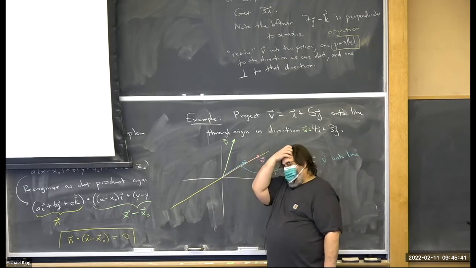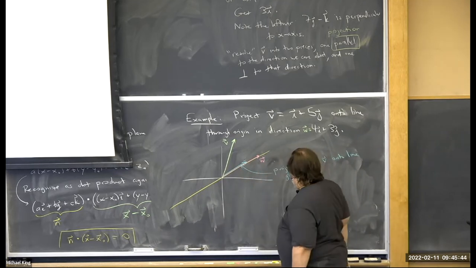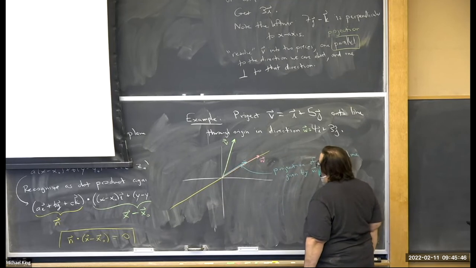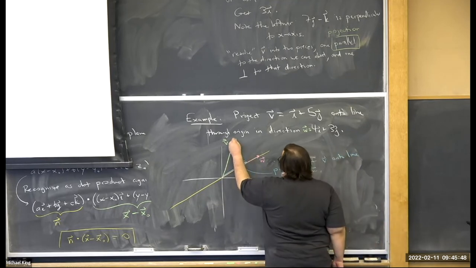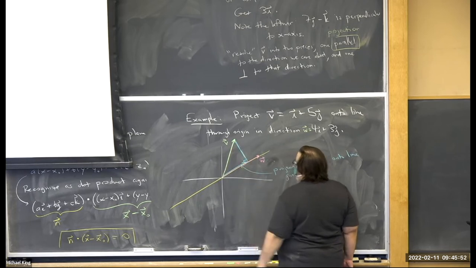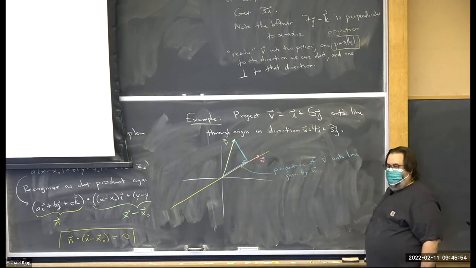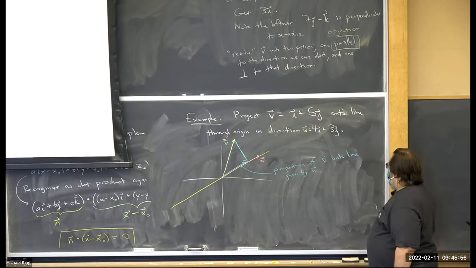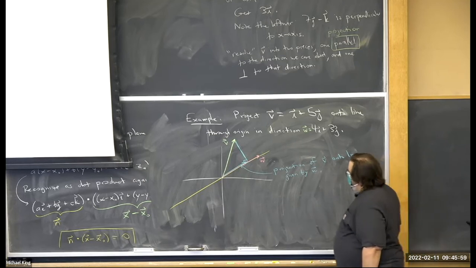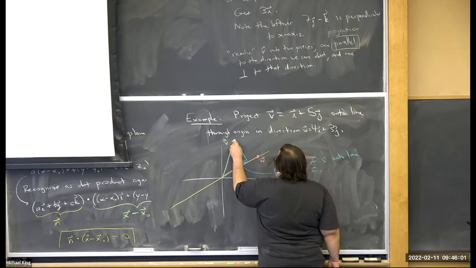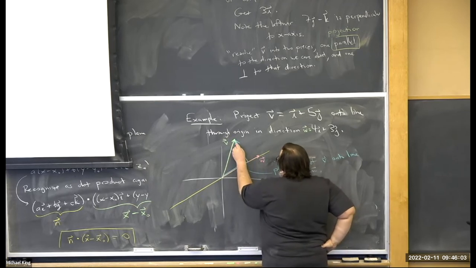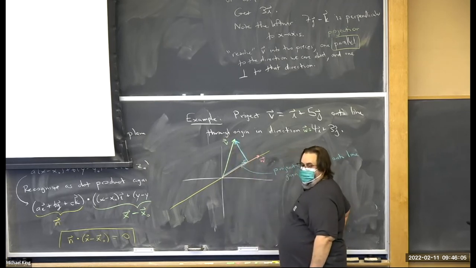Yeah, so you do get this right triangle here, right? And that's actually good, because this vector right here is the other component, the perpendicular piece.